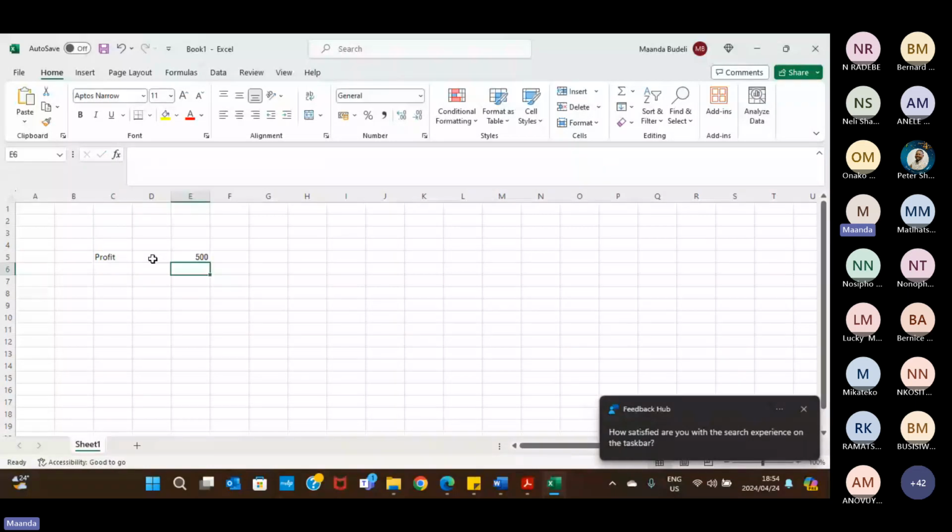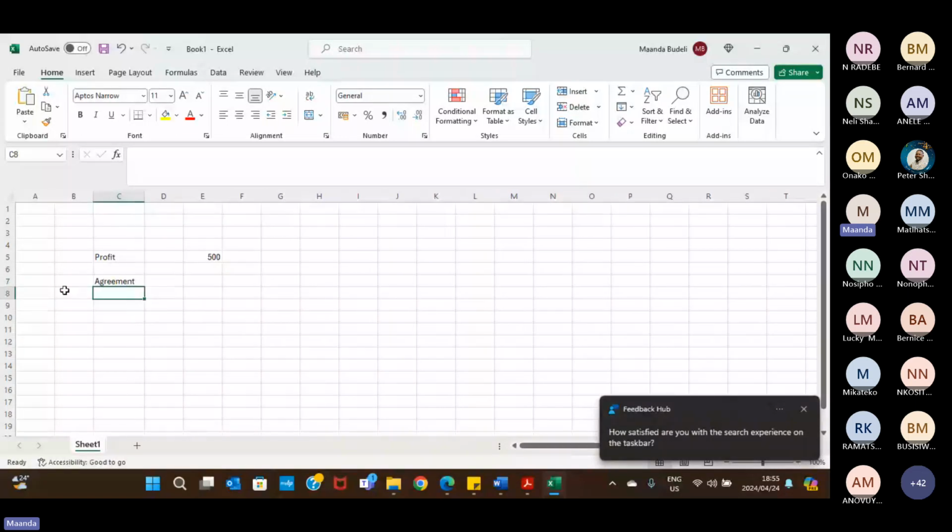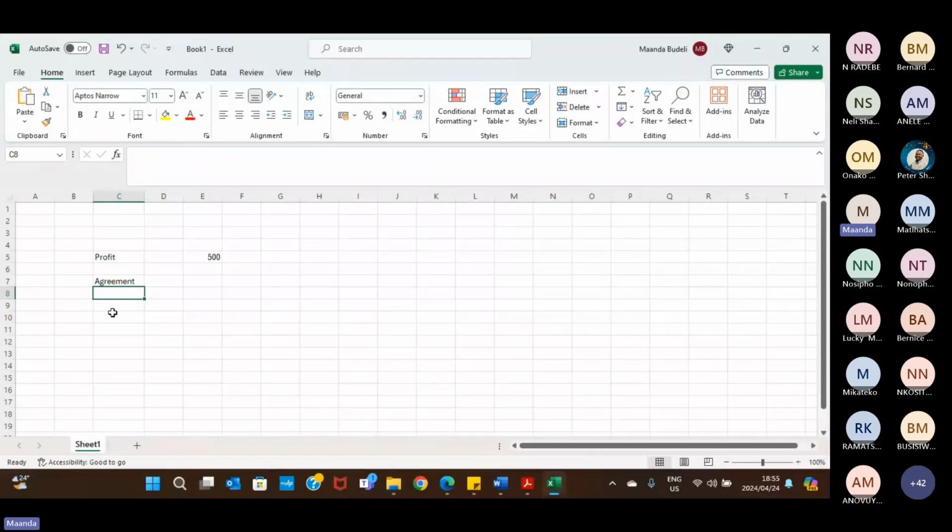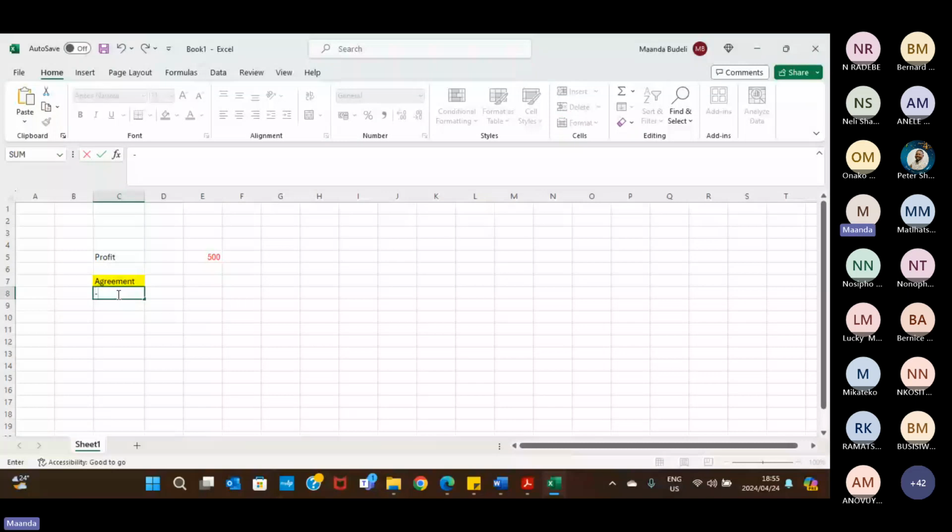Then I now have to come to a new agreement that I have to enter. And we don't know now what is in this agreement, right? So we're going to see this when we go through the question. But because they're saying that I must calculate the impact that this agreement will have on my profit, which I already have, I'm thinking, okay, this agreement means I might have more sales, right?